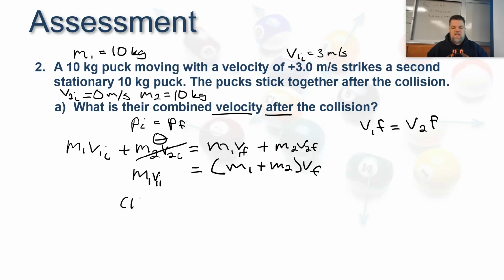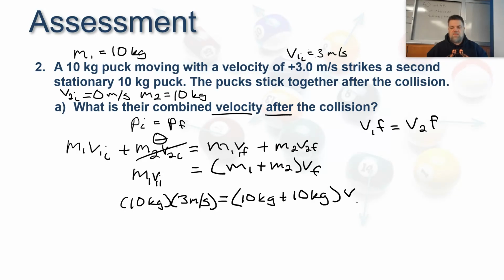So M1 is 10 kilograms times positive 3 meters per second. And that's equal to 10 kilograms plus 10 kilograms times the final velocity.